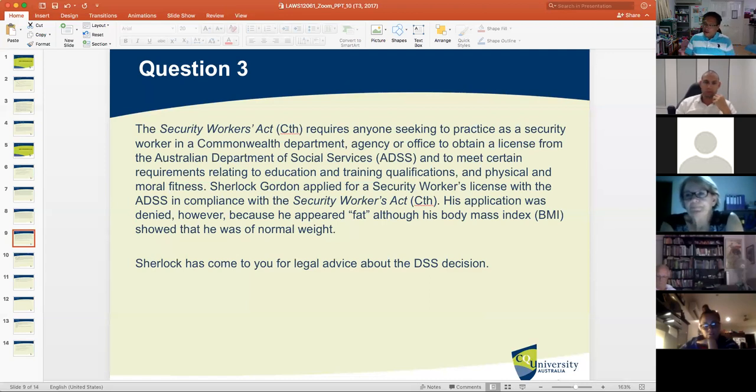Clear. So we have a ground for judicial review. Now, if there's a ground for judicial review on the ground that this decision is unlawful for showing Wednesbury unreasonableness, in the sense that no reasonable decision maker could arrive at a decision to say that he does not meet the requirements about physical fitness. So there's a ground for judicial review.